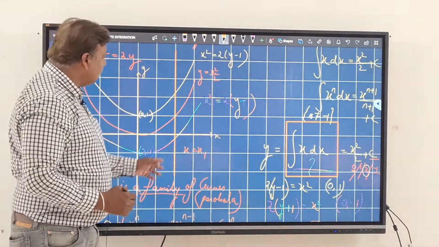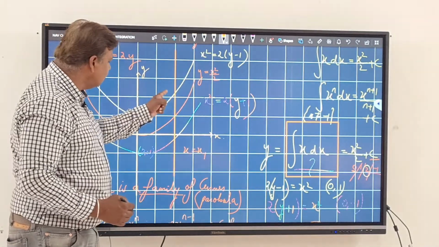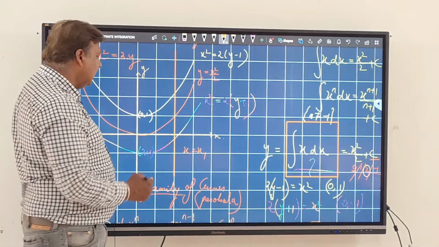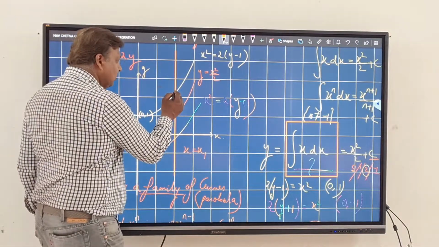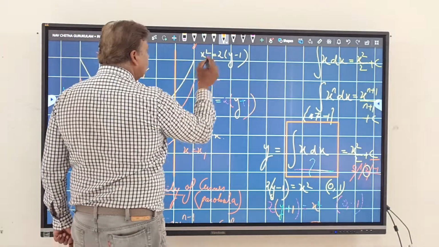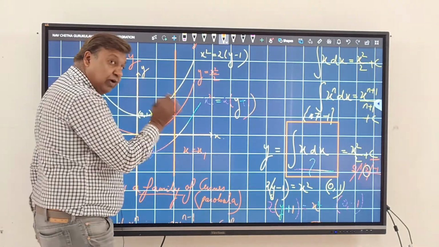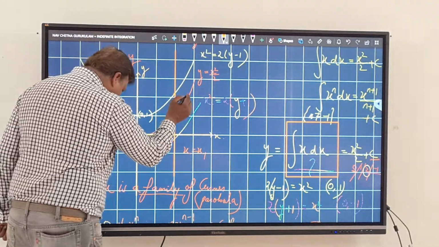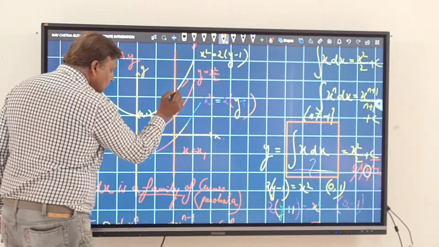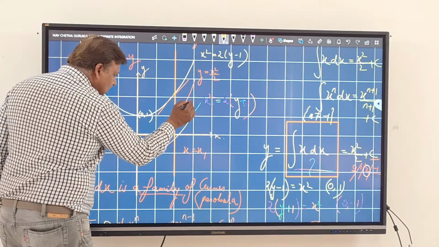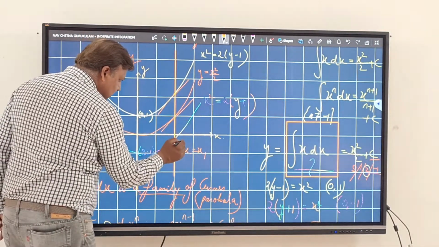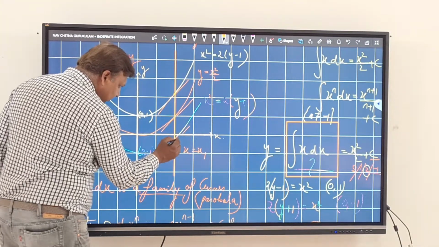Now, x equal to x1, I have drawn an abscissa. It is intersecting all the family of curves at a certain point. Wherever it is intersecting each member of the family, at that point if I draw a tangent, all the tangents will have the same slopes. Same slope means same inclination.